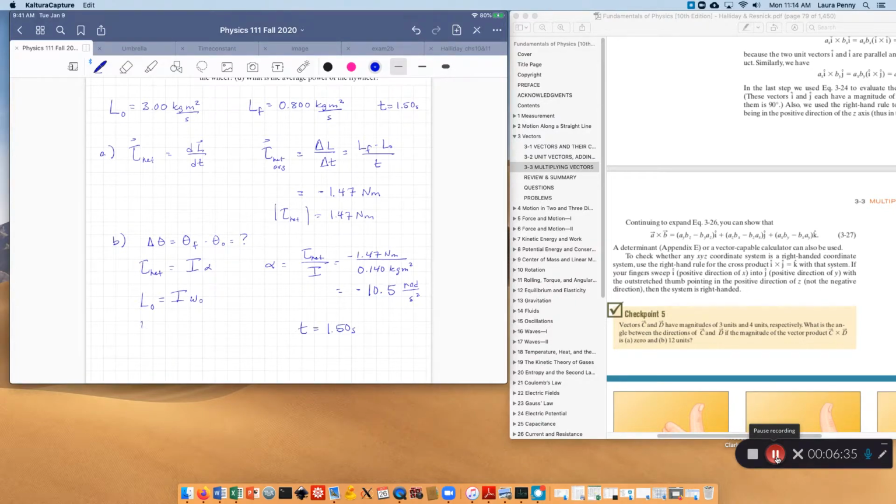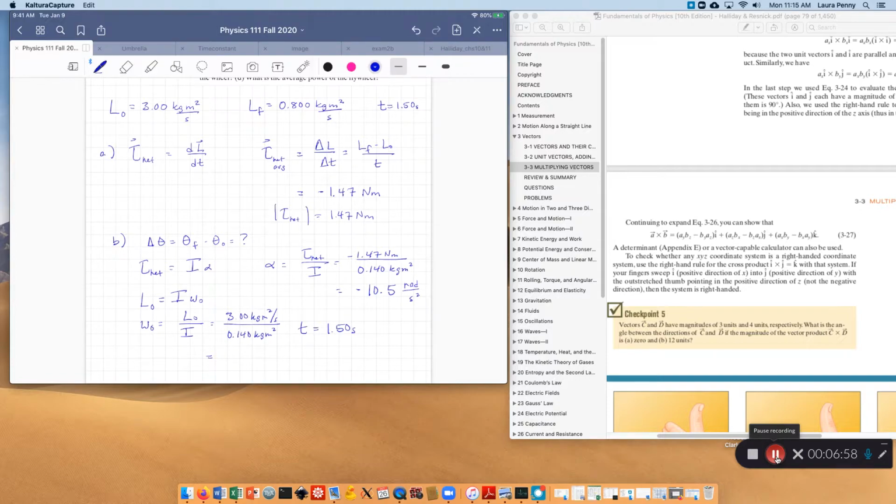And so I can get the omega naught by taking the initial angular momentum and dividing it by the moment of inertia. So my initial was 3 kilogram meter squared per second, and my I is 0.140 kilogram meter squared.